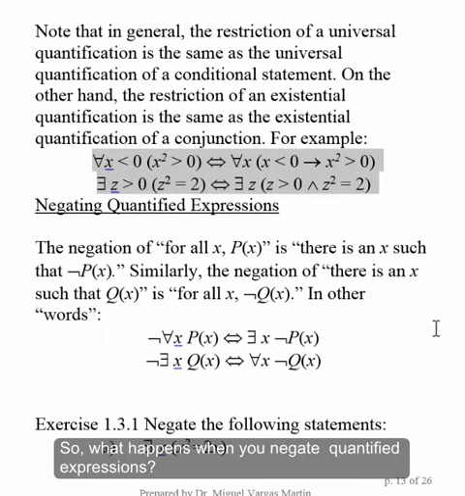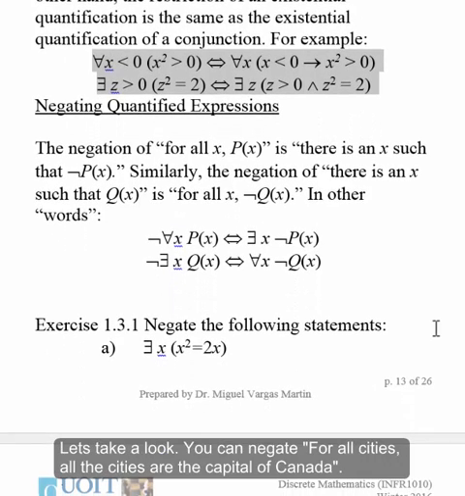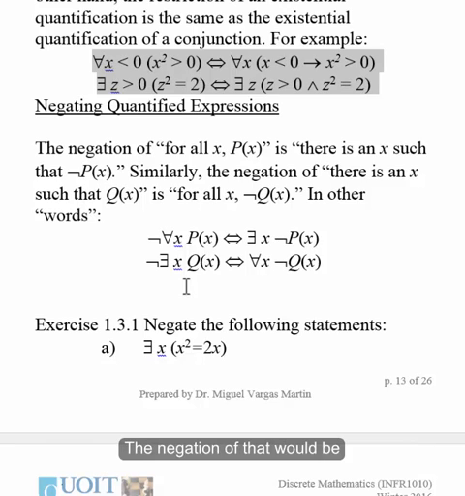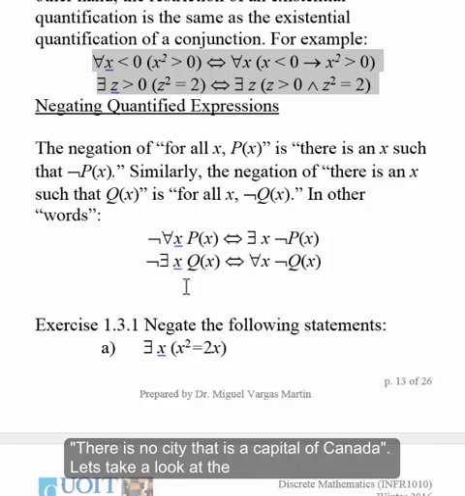So what happens when you negate quantified expressions? Let's take a look. You can negate that for all cities, all the cities are capital of Canada. The negation of that would be there is no city that is a capital of Canada.